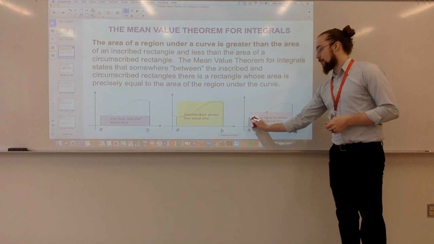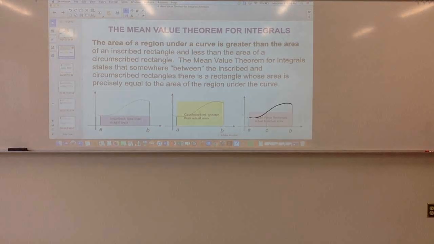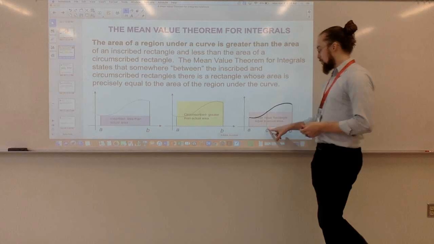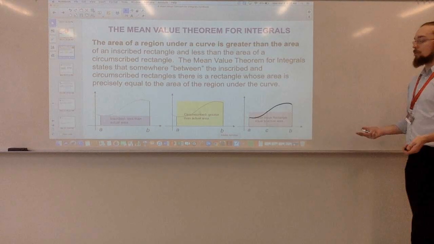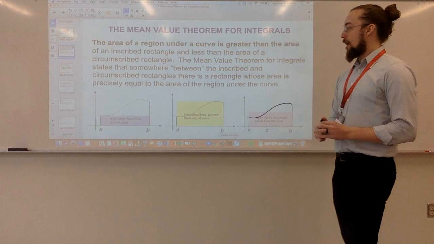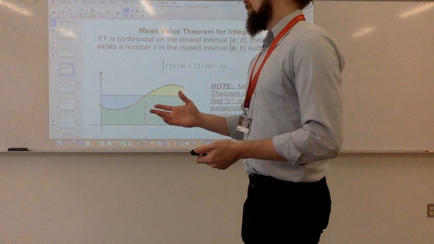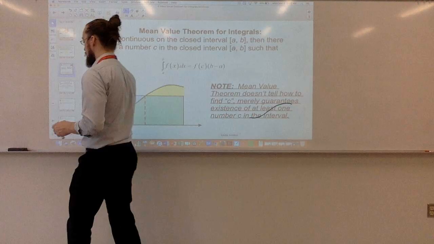If I were to find, using our fundamental theorem of calculus, that exact area, the mean value theorem says I can also find some value in between A and B such that I can just draw a rectangle and it will have the same area.